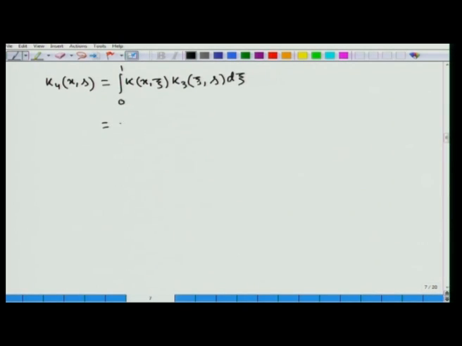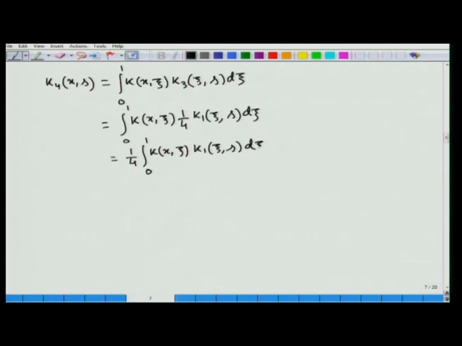So, this is equal to the integral from 0 to 1 of k(x,ξ) times 1/4 k1(ξ,s) dξ. That is equal to 1/4 times the integral from 0 to 1 of k(x,ξ) k1(ξ,s) dξ. So, this is equal to 1/4 k2(x,s), because the integral from 0 to 1 of k(x,ξ) k1(ξ,s) dξ is nothing but k2(x,s).